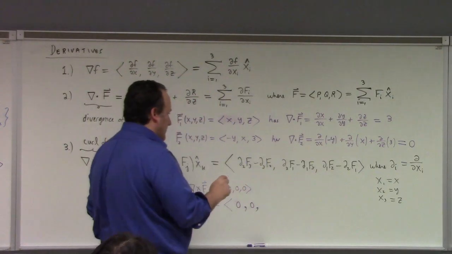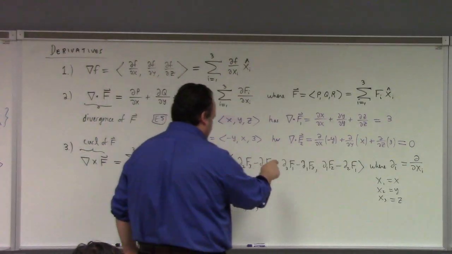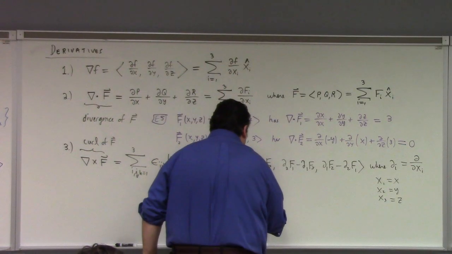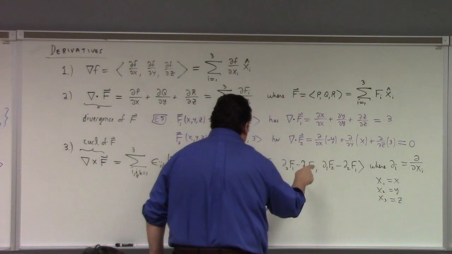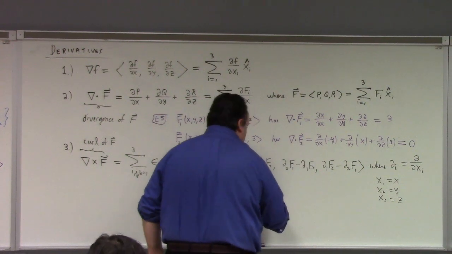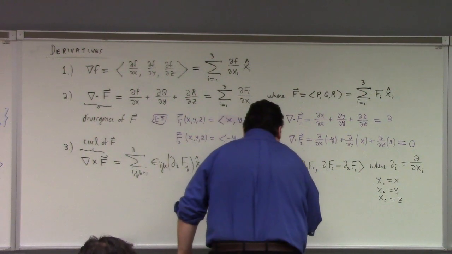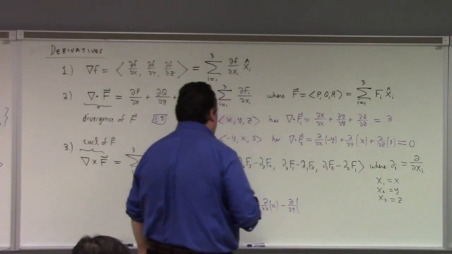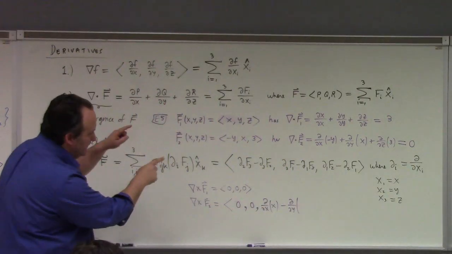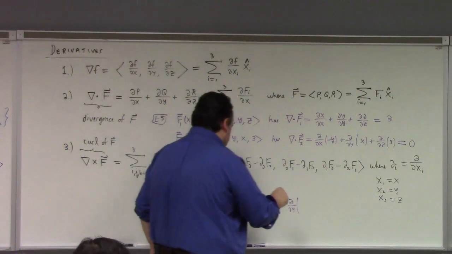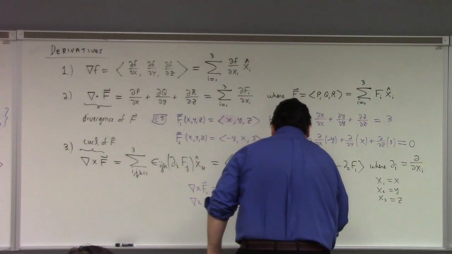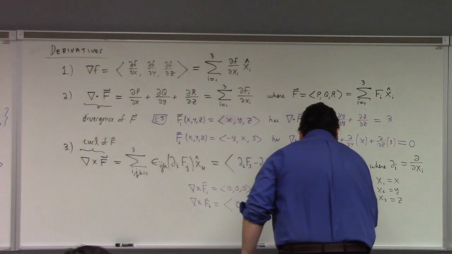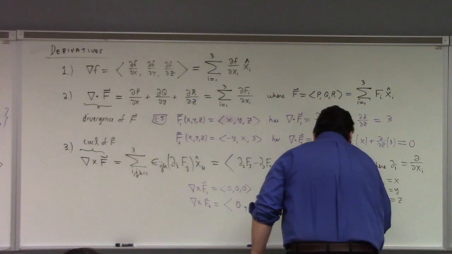Sorry, I'll eventually get something. That one is partial x of f2, but f2 here is x. And then minus partial y of f1, which was minus y, which is actually 0, 0, 2.